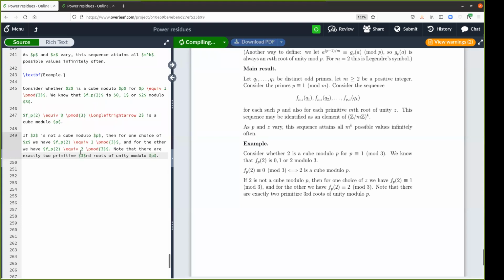Because we know that there are two primitive cube roots of unity in the complex numbers. And again, you could usually think of the analogies in the complex numbers. And if you think of that, then this claim becomes actually quite clear. Yeah, got it.